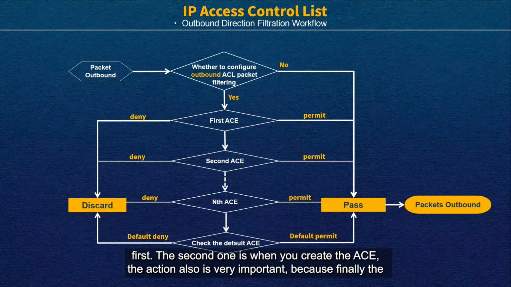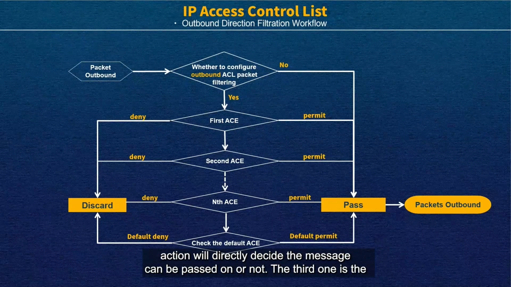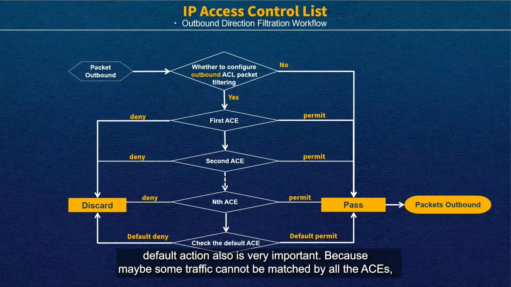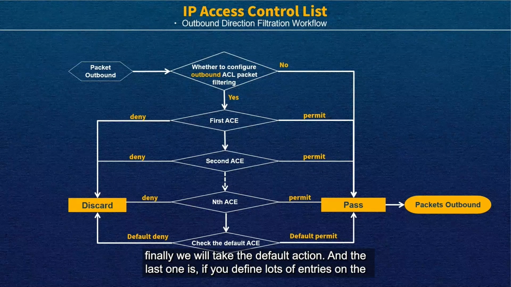The second is that when you create the ACE, the action is also very important because the action will directly decide whether the message can be passed or not. The third is that the default action is also very important because maybe some traffic cannot match any ACE. Finally, we will take the default action.